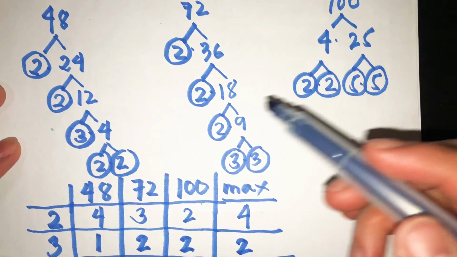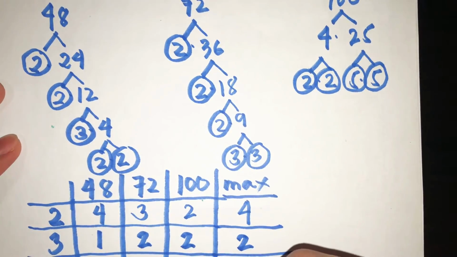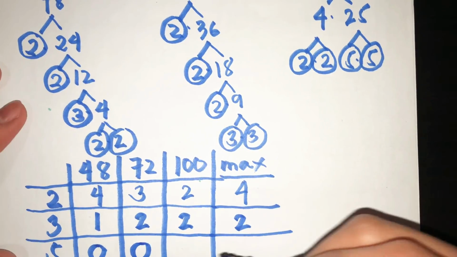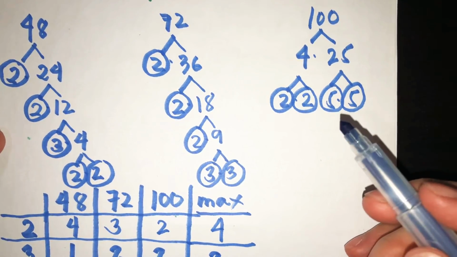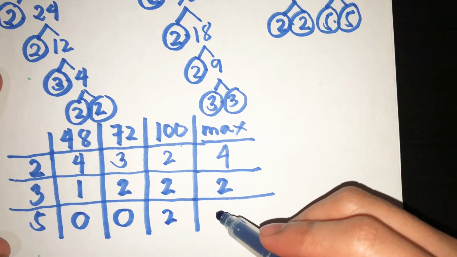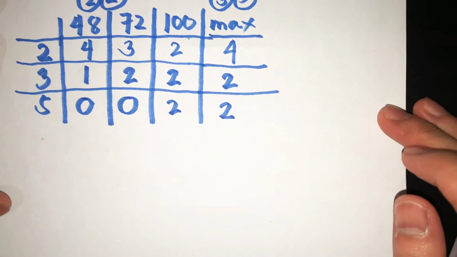Then for 5, it's 0 in 48. It's also 0 in 72, but it is twice in 100. So we're going to write here 2. Okay? Now we'll check out our table.